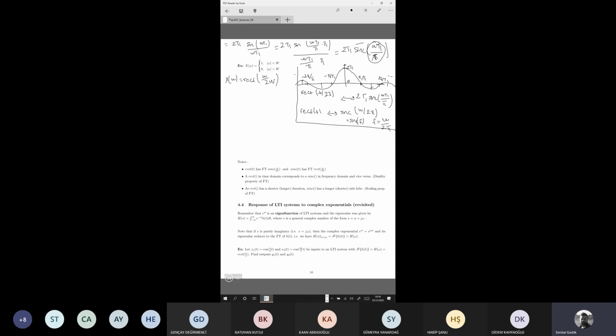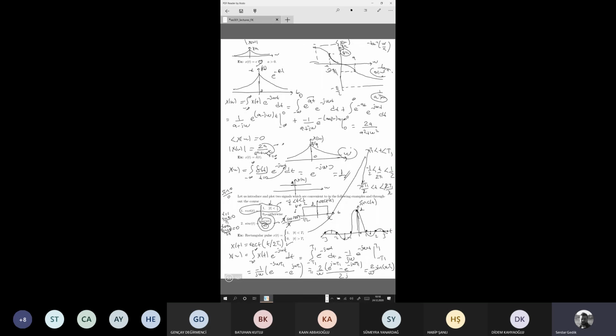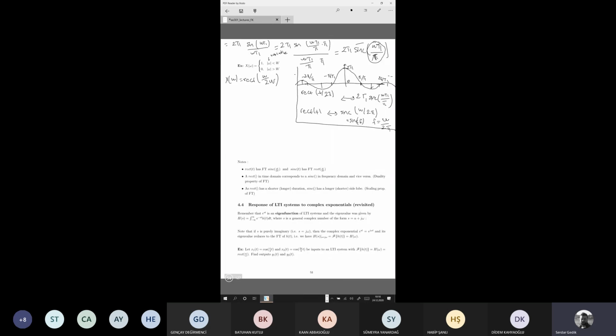By the way, if you are confused with omegas and capital omegas, this omega is the variable, okay? So omega is the variable in the Fourier domain or frequency domain, and t is the variable in the time domain.